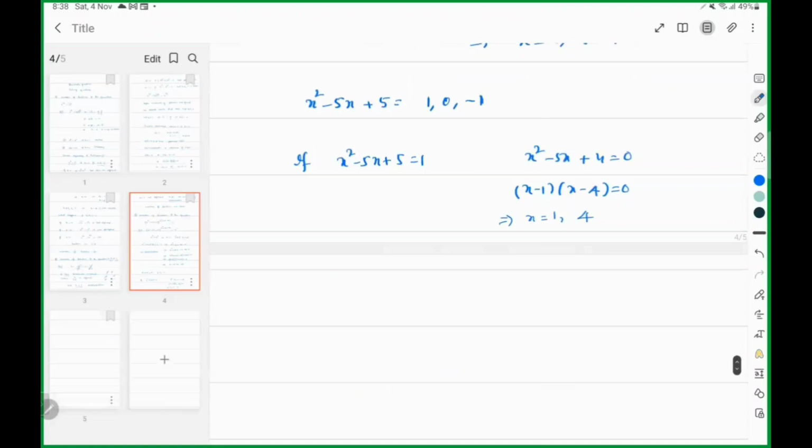So are these the final solutions, or do we still have any other solutions? We have; let us observe by considering the other two cases.